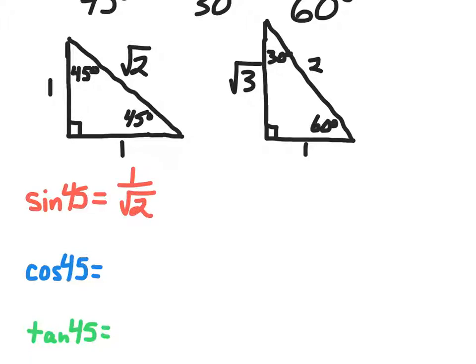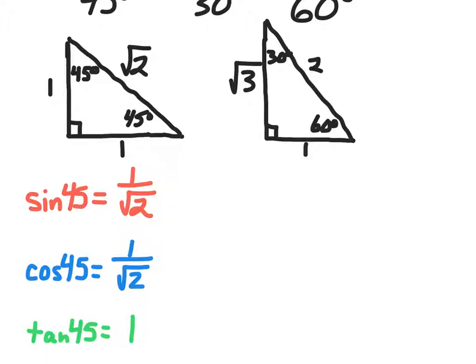I'm just saying sine is opposite over hypotenuse. Cosine is adjacent over hypotenuse, so it's 1 over root 2. The tangent is opposite over adjacent, so it's 1 over 1. I can simplify that to just 1. So those are the exact values for the sine, cosine, and tangent of 45 degrees.